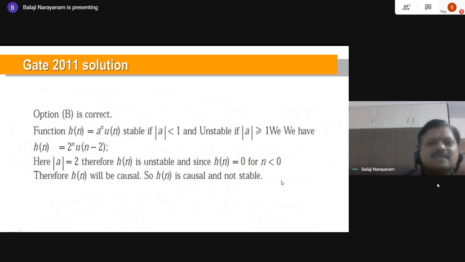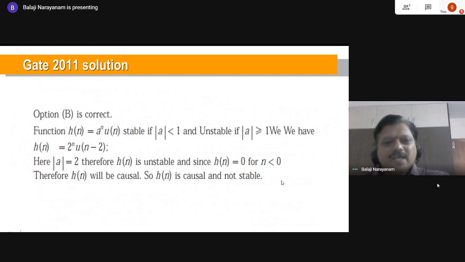So let us take now the given value of a as 2, a power n u of n. Here we have a value of a as 2, and it is a clear case of mod a greater than 1, and we may say it is unstable.